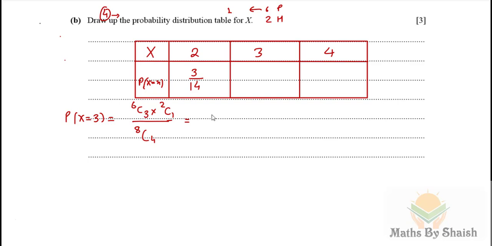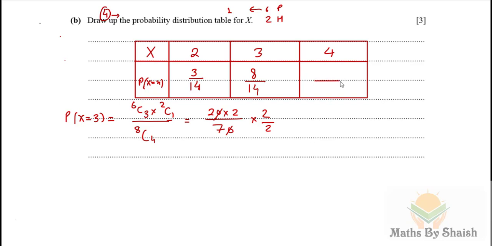So it would be 6C3, which is 20, so 20 into 2C1 is 2, over 8C4, which is 70. So the 0s cancel, and we got 4 over 7. In order to make the denominator the same, we can multiply and divide by 2, so that we get 14 in the denominator. It is 8 over 14.